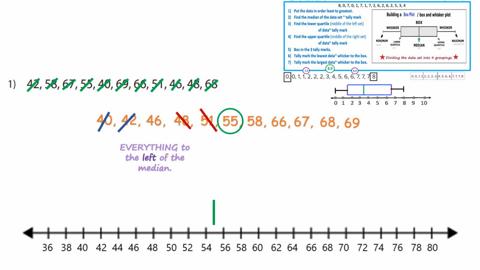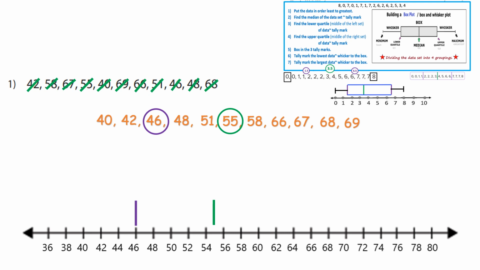So I go and I cross them out in groups of 2 from left to right, which allows me to have a middle number, which makes my life once again easier because I don't have to do the adding and dividing by 2. So I'm seeing that my lower quartile is 46. So I go down right above the 46 and I make my tick mark for my lower quartile range.